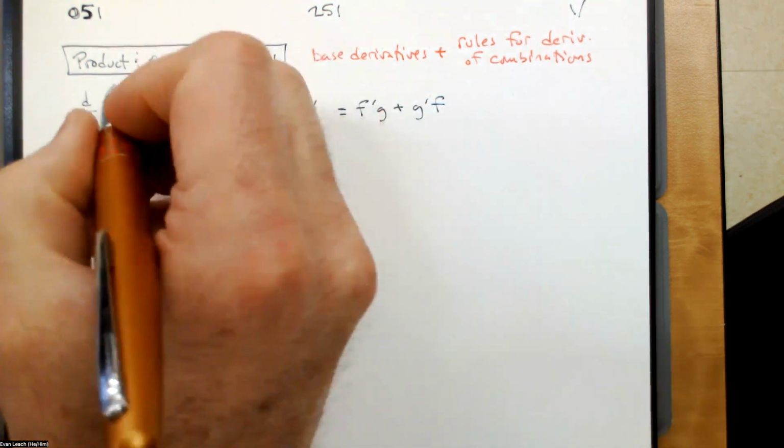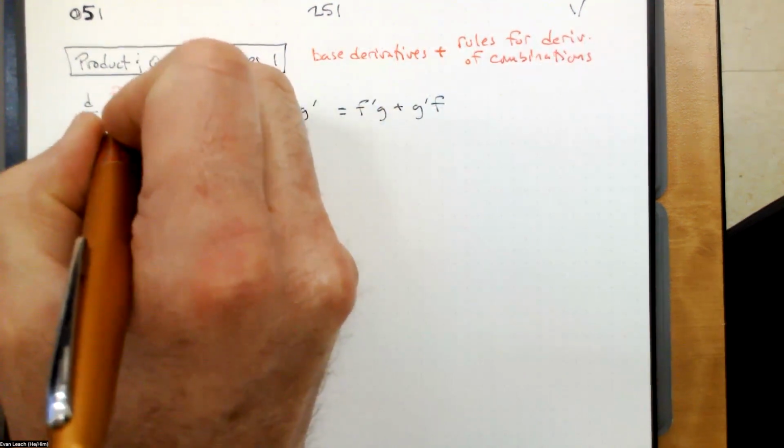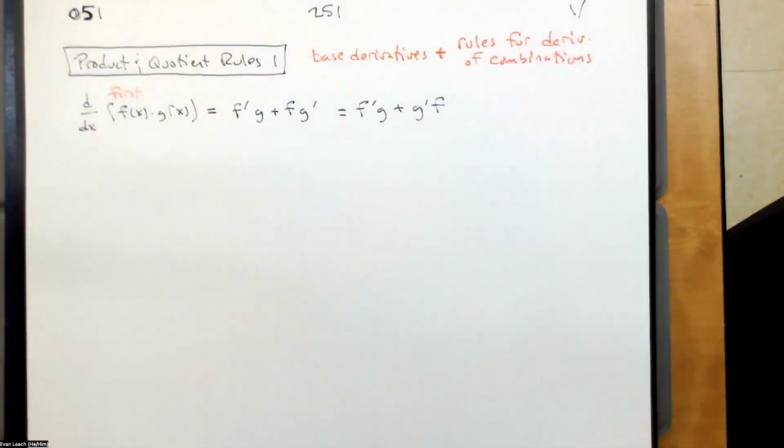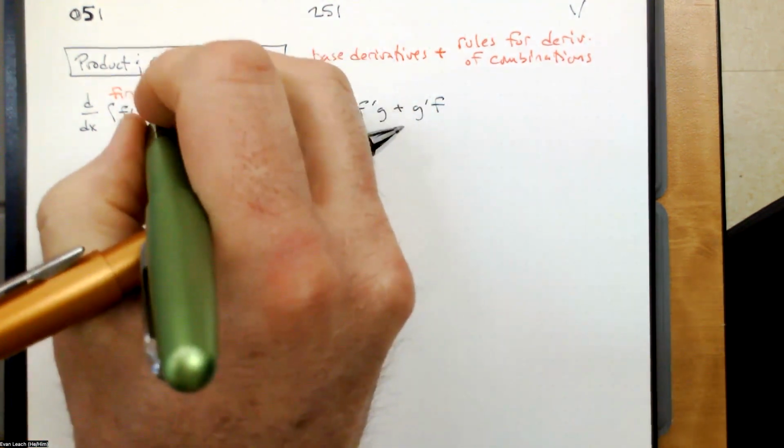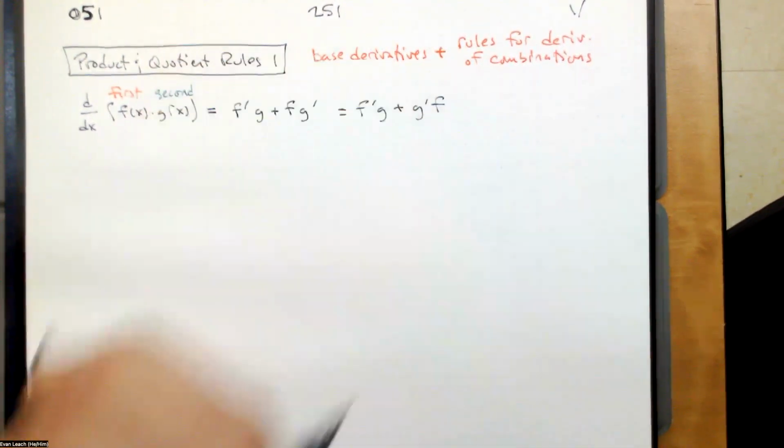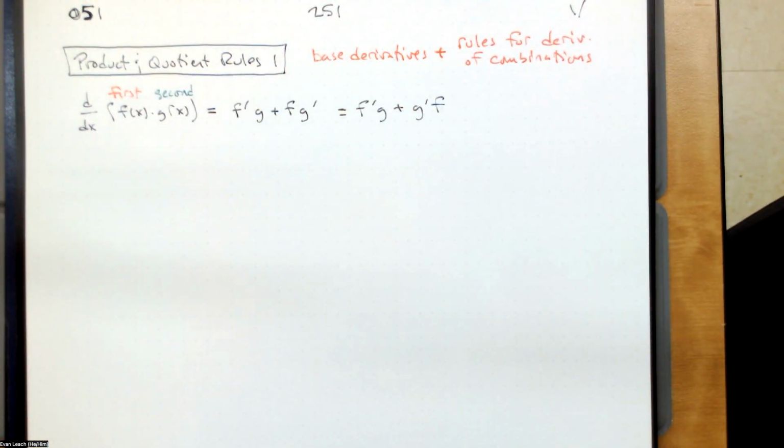I say there's a first, and a second. I personally had to get away from using the names of the functions if they happen to match. I ended up in kind of a being John Malkovich situation where the function was called f and the first function was called f. The first in the product was called f.